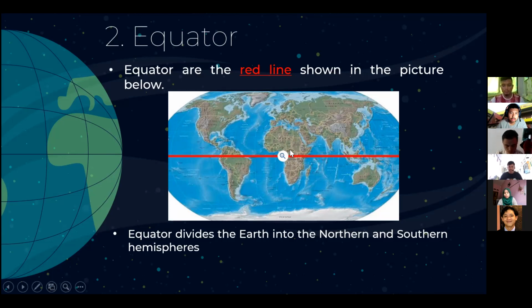This horizontal line divides the planet into a northern hemisphere and southern hemisphere. The Earth is widest at the equator line. The circumference around the Earth at the equator is 40,075 kilometers, 24,901 miles. Now I'm going to pass to Syakir for the next slide.